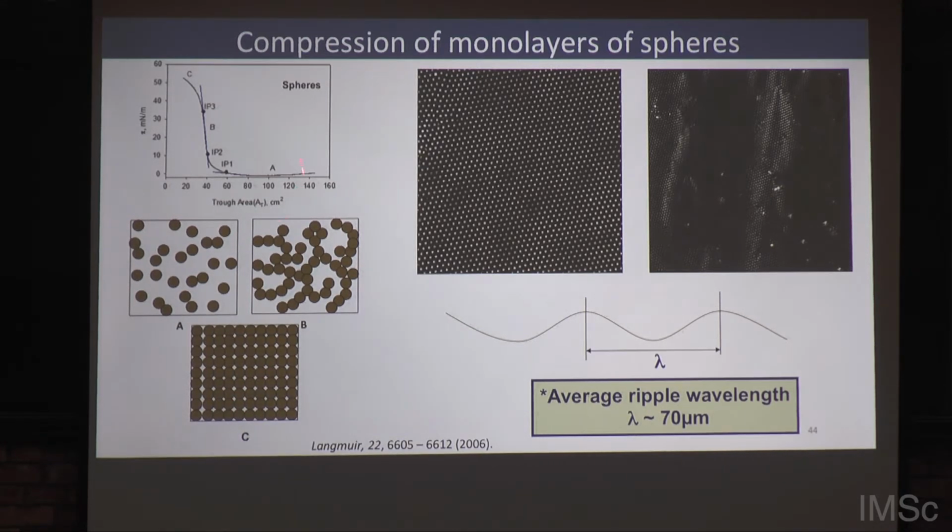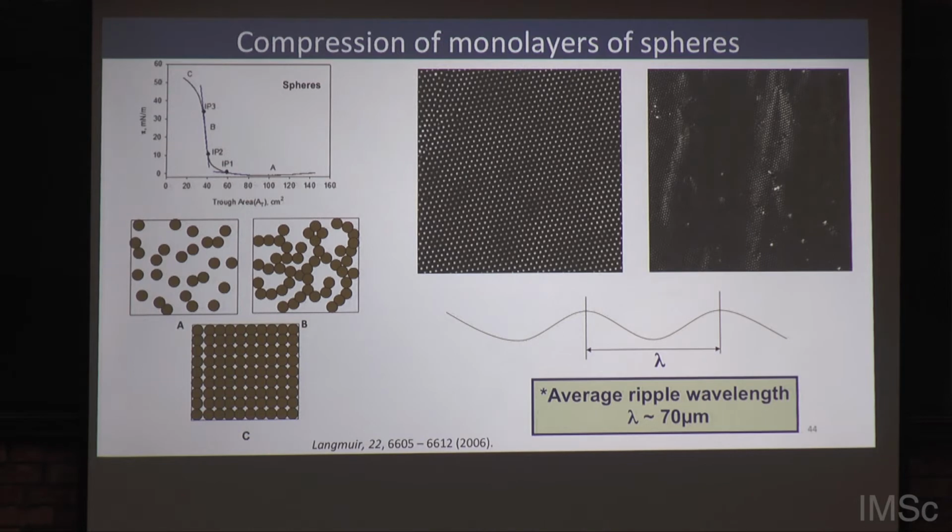I don't think you should see the alcohol effects, because these experiments take several hours, at least about 2-3 hours, depending upon the trough area and the compression ratios you want to go to. If it takes a few hours, all the alcohol would have evaporated by then, so you really don't see any of these effects.